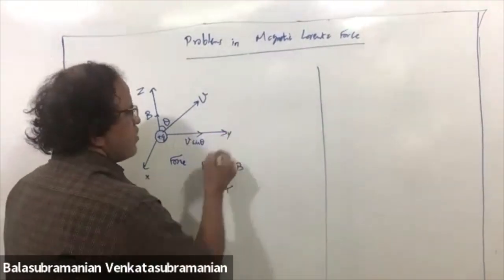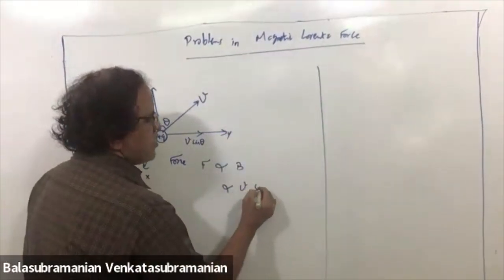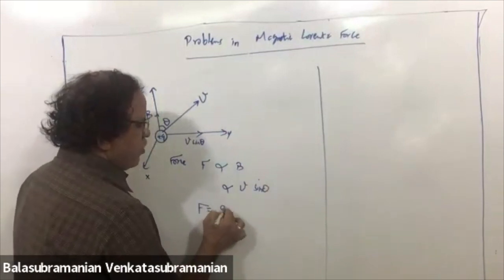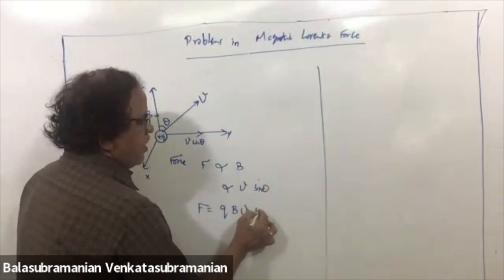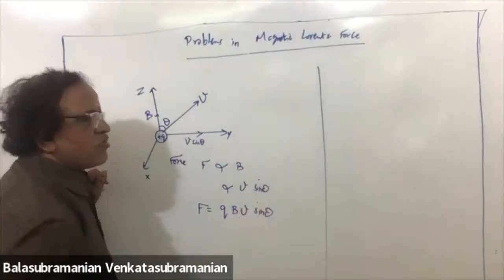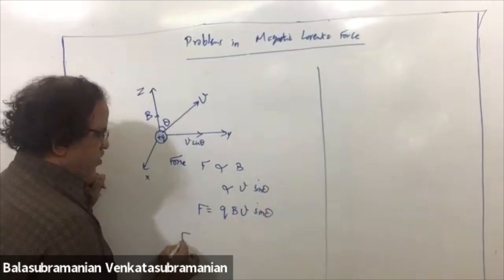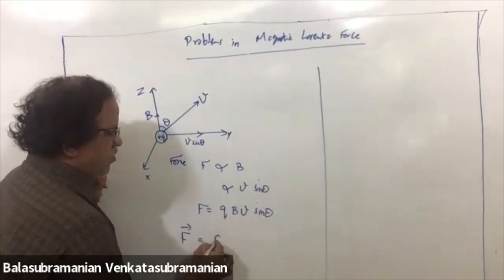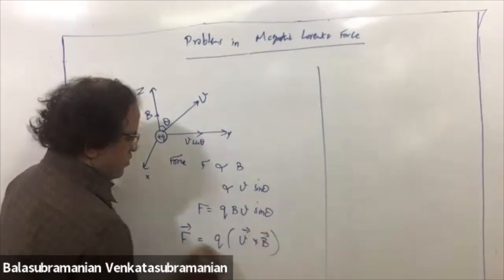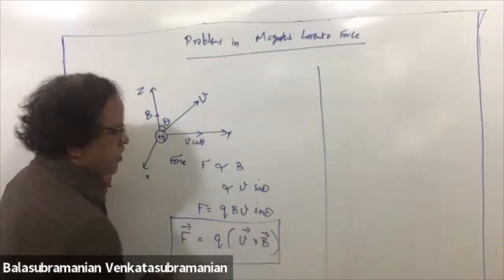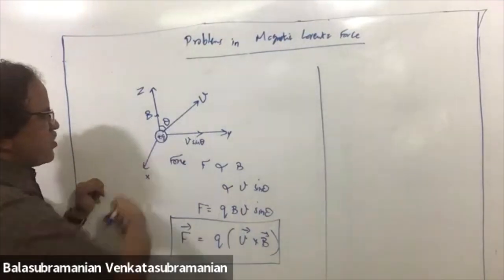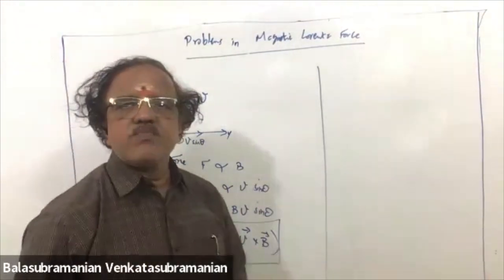So F is equal to the constant q B V sin theta. Sin theta means you can use a vector product, so F vector is equal to q into V cross B. Direction of force: for plus q the direction of force will be away.